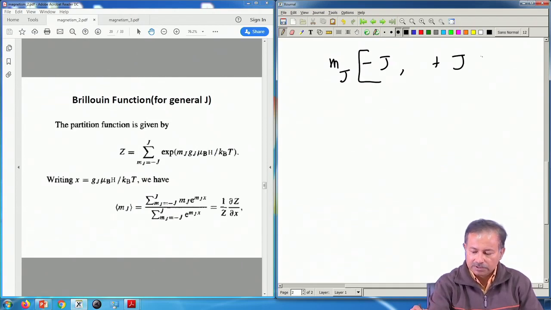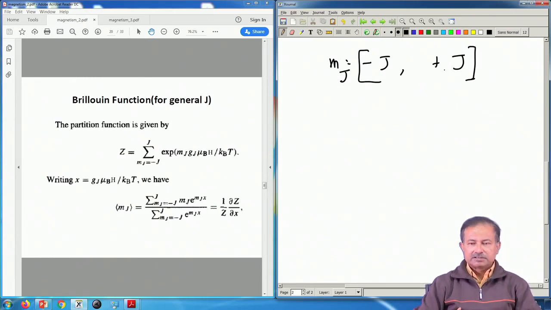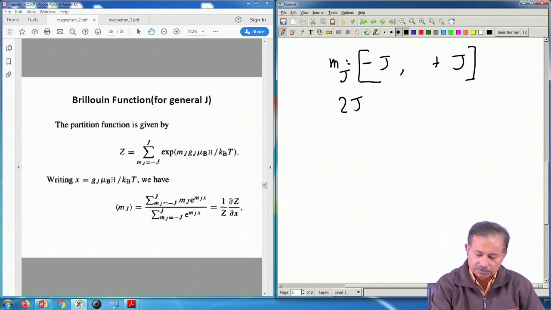So this is the interval over which mJ varies, and changes by integer, minus J plus 1, minus J plus 2, and so on up to J. So there are 2J plus 1 values.